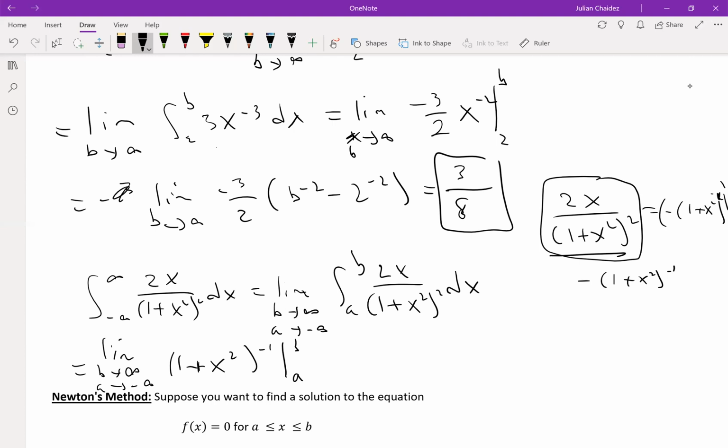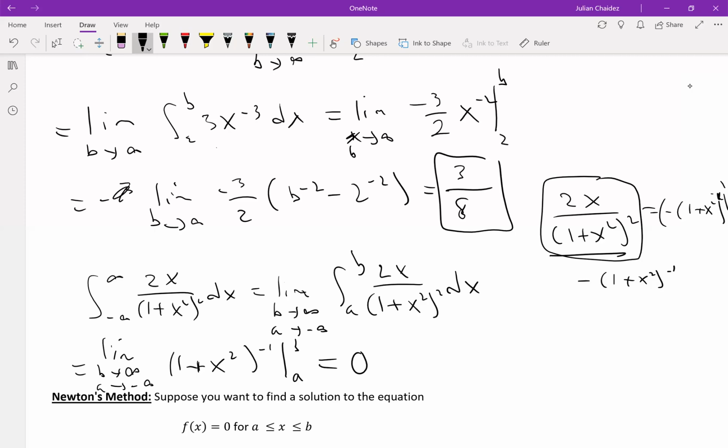But the problem is that what you end up getting from that calculation is a little tricky to think about. If you take b to infinity and a to negative infinity, then the result is 0.